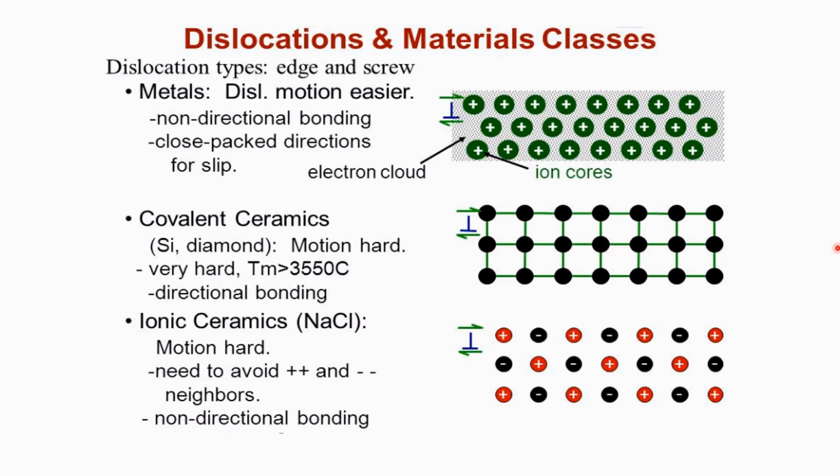In terms of dislocation in ceramic, the atoms or the ions cannot easily move. Slip does not occur, and the dislocation remains stationary, because motion is hard as we need to avoid plus and minus neighbors, and we have non-directional bonding in ionic ceramic. So it is quite difficult for dislocation to happen due to ionic or covalent bonding.